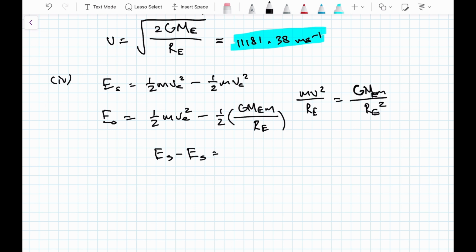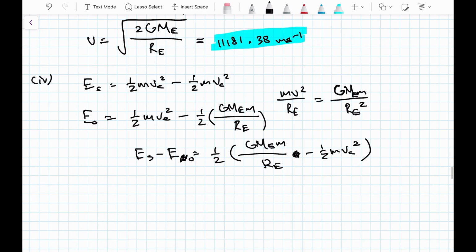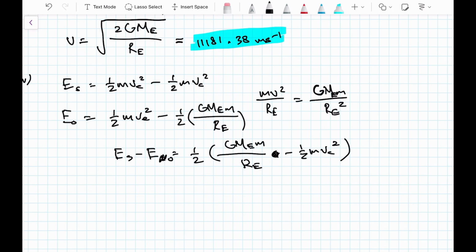ES minus EO is basically a half G M_E m over r_E minus a half m v_C squared. We have to divide this by the initial value, E initial. We can cancel out the small m, it doesn't really matter in this case.